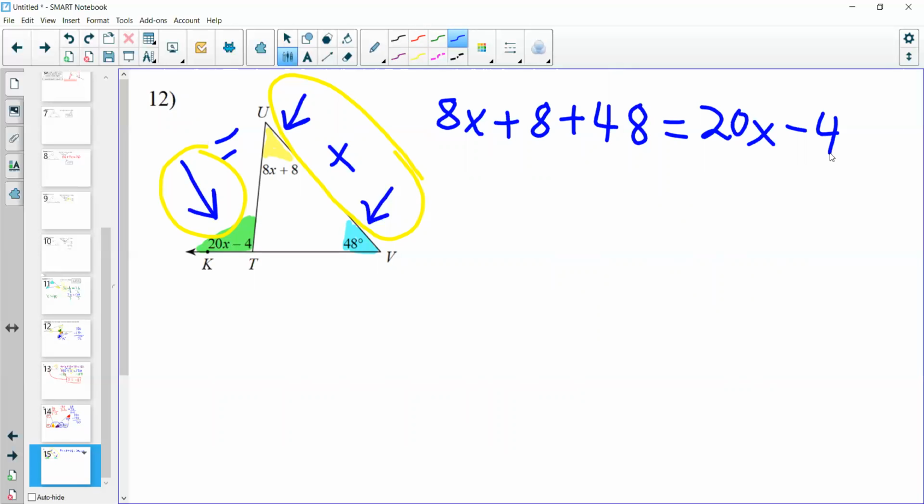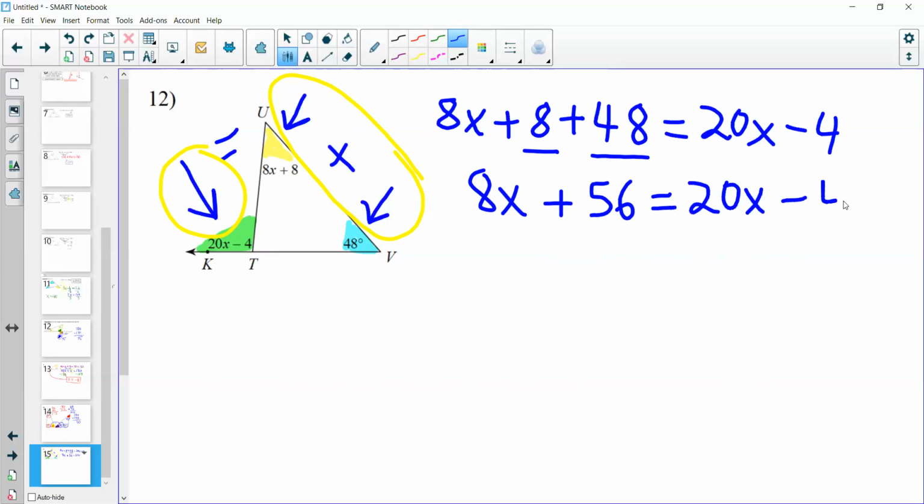Let's combine terms. I have an 8 and a 48. This becomes 8x plus 56 equals 20x minus 4. So what I'll do here is I'm going to subtract 8x from both sides of the equation.